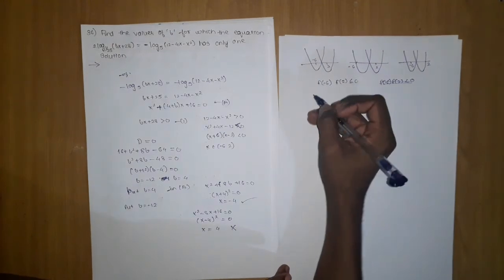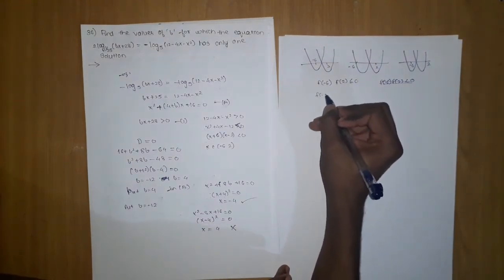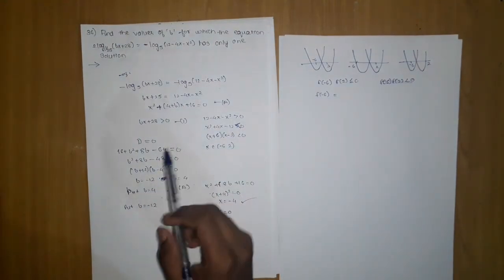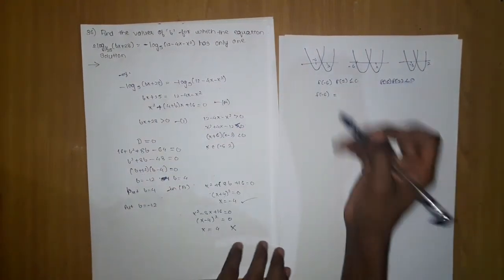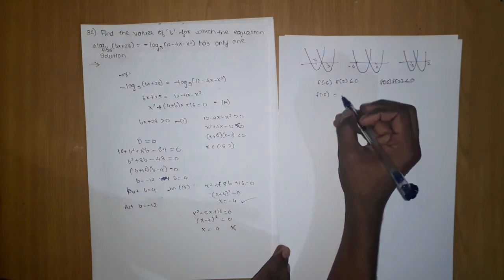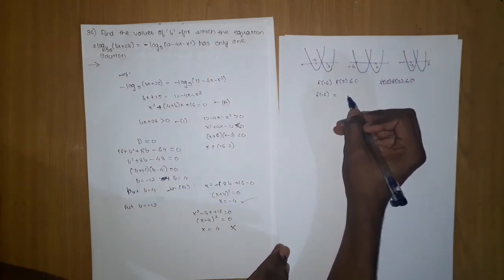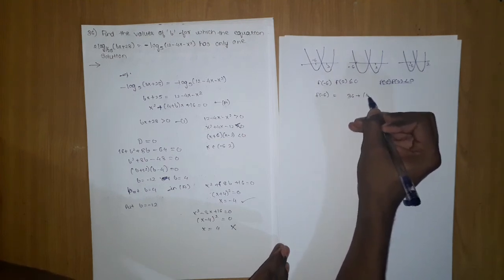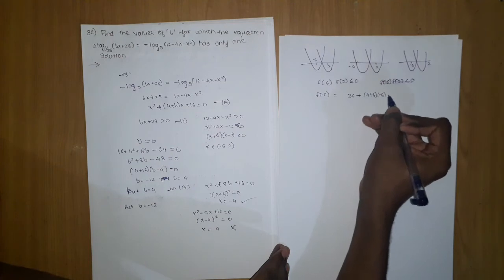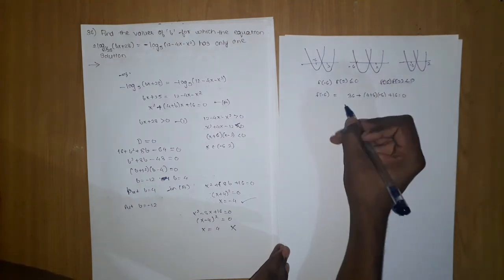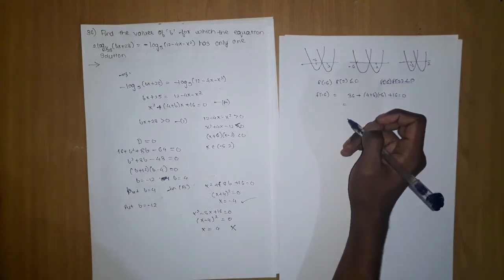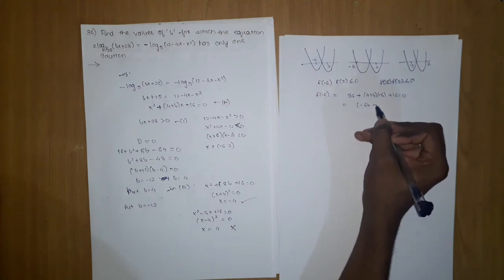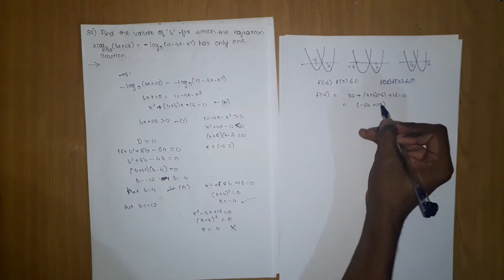Let me find f of minus 6 first, from the equation x square plus bx plus 16. So 36 plus b into minus 6 plus 16, which gives minus 6b plus 52.